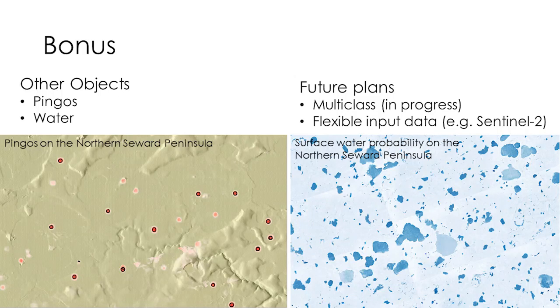Even after the summary, we have a little bonus. So the methodology and the workflow is so much automated that we can also add other data. It doesn't have to be thaw slumps.